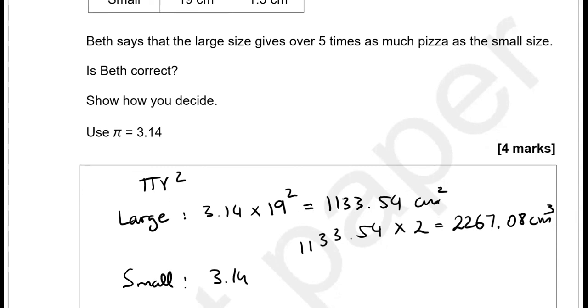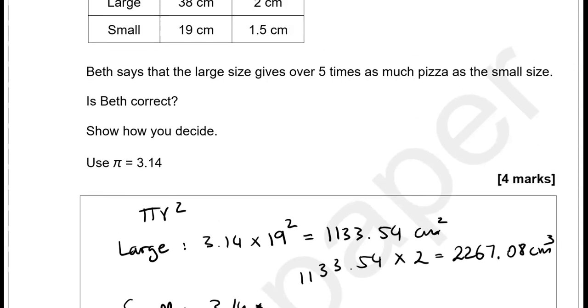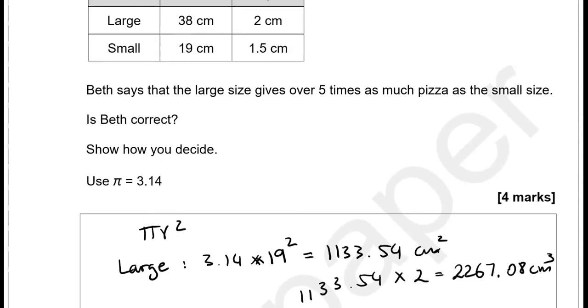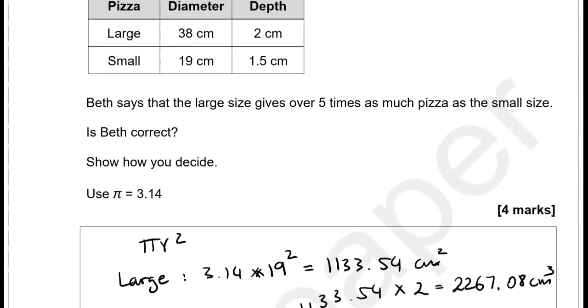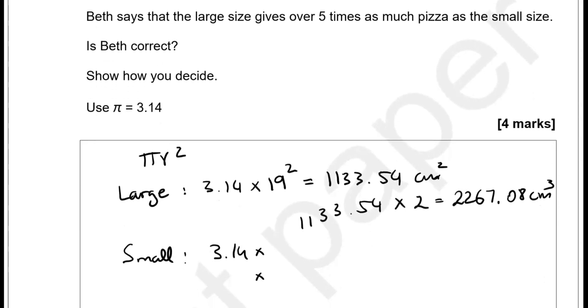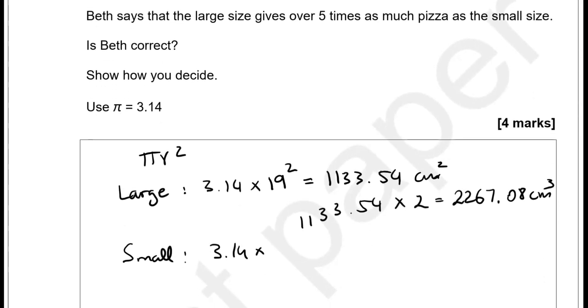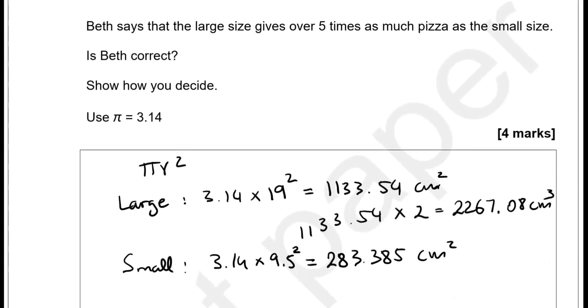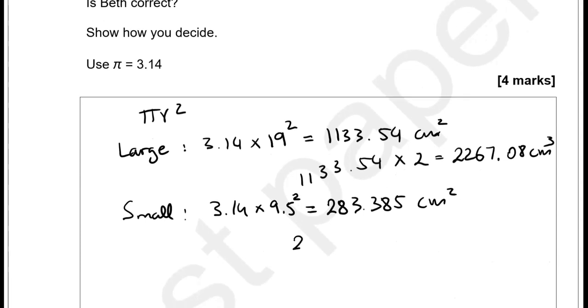So 3.14 times, now that is 19 centimeters diameter, so we're going to go 19 divided by 2 to get the radius, so that gives us 9.5. We're going to have to square it, and this is 283.385 centimeters squared. To get the volume, we're going to need to multiply this by 1.5.